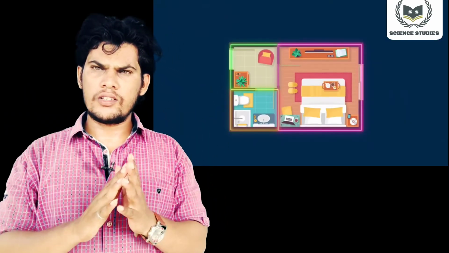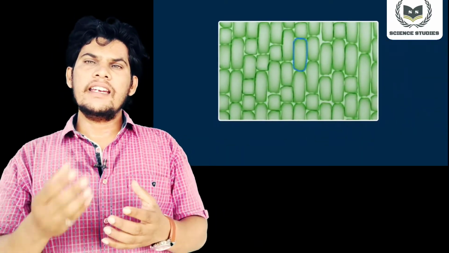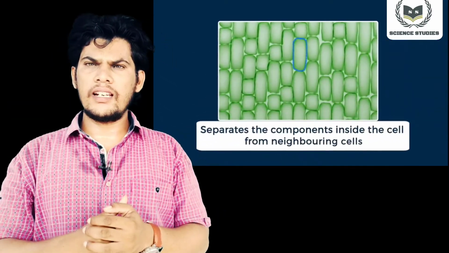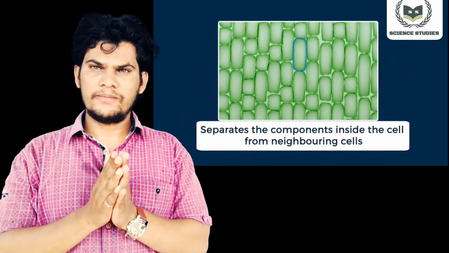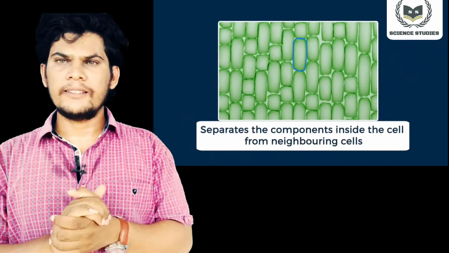There are more harmful things outside the home, but inside we are protected by the walls. Like that, the cell membrane separates the inner portion of the cell from the outer atmosphere. It is the main function of the cell membrane.